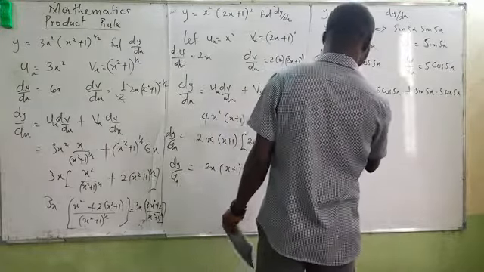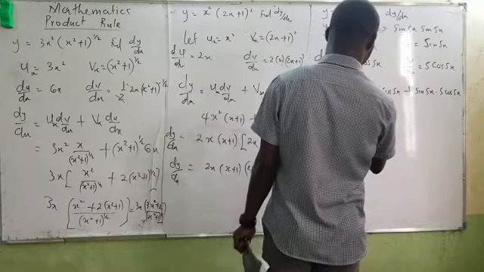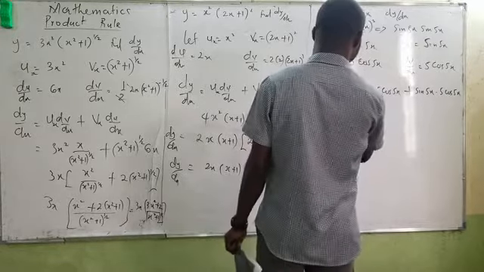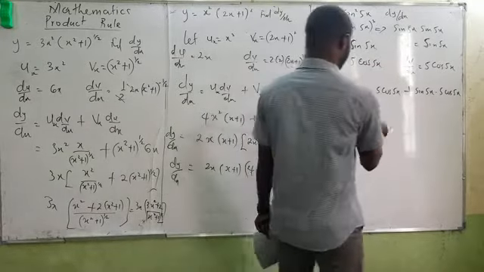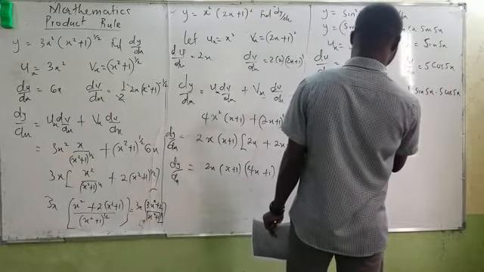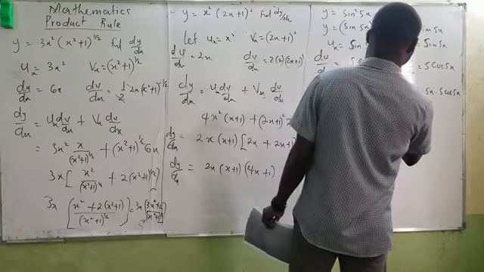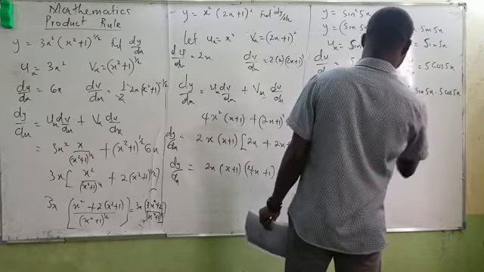My answer will be 2 of, which is going to be 10. Permit me to write 10 because I'll be having 2 of these, of 5, which is going to be 10. I will be having sine 5x cos 5x. That is my final answer.